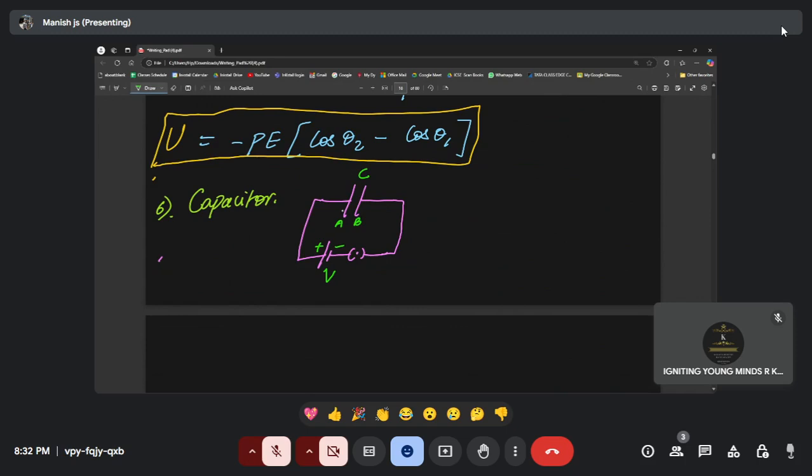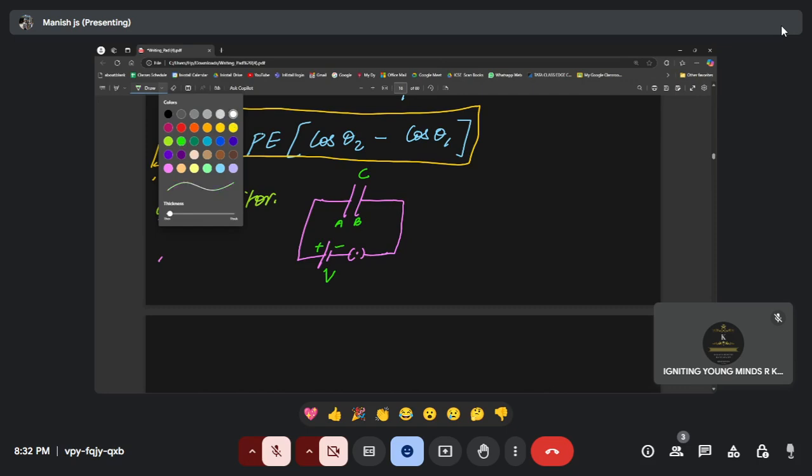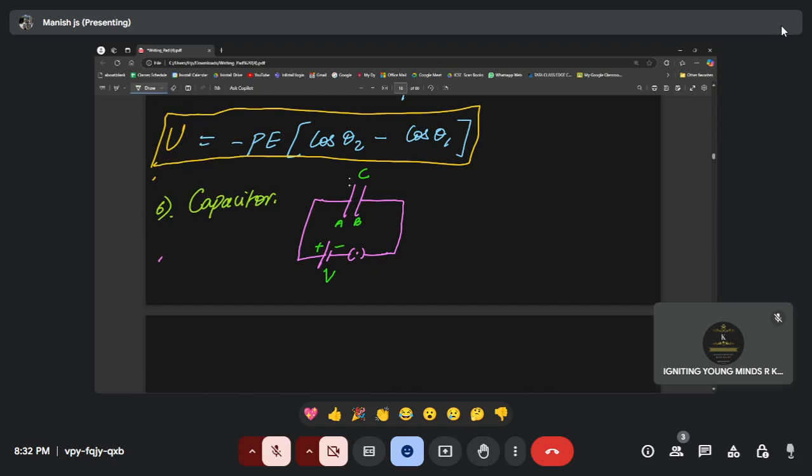Now, plate A is connected to the positive terminal of the cell. So what happens? As you switch on the circuit, plate A becomes charged, because you're connecting it to a potential. What type of charge will accumulate on plate A? Plate A will accumulate positive charge because it is connected to the positive terminal of the cell.